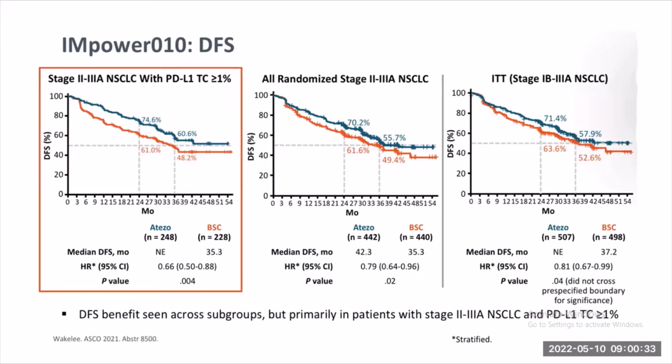Similar benefit was seen with all randomized stage 2 to 3A non-small cell lung cancer. The hazard ratio is now 0.79. The hazard ratio is also in favor of the intention to treat population, which includes stage 1B to 3A, but the p-value is currently non-significant.